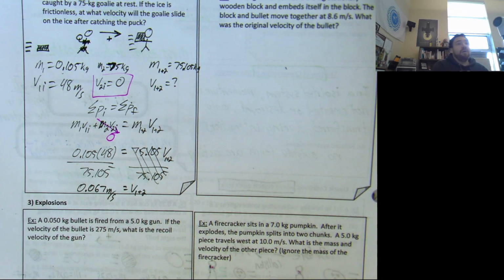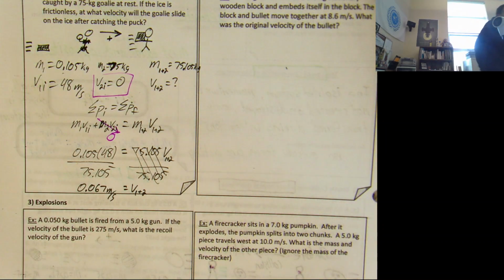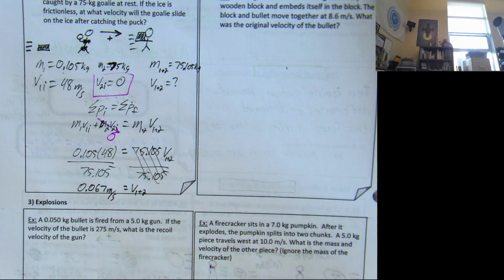So slow, but not imperceptibly slow, because 0.067 meters per second is basically 7 centimeters per second. Moving backwards like this. Which you'd expect. A tiny object shot at a large object at 48 meters per second is going to cause the combined system to move, but it's going to be slow. And that's it.